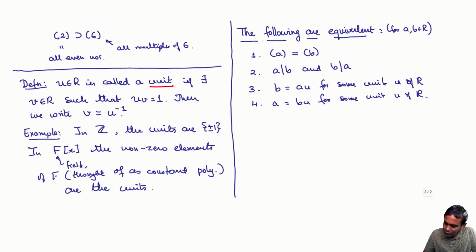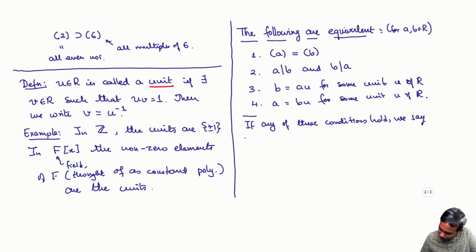So if any of these conditions hold, then we say that a and b are associates. Okay, let's try to prove this.